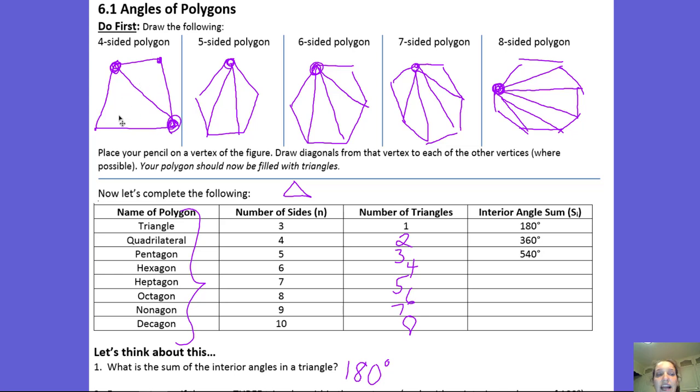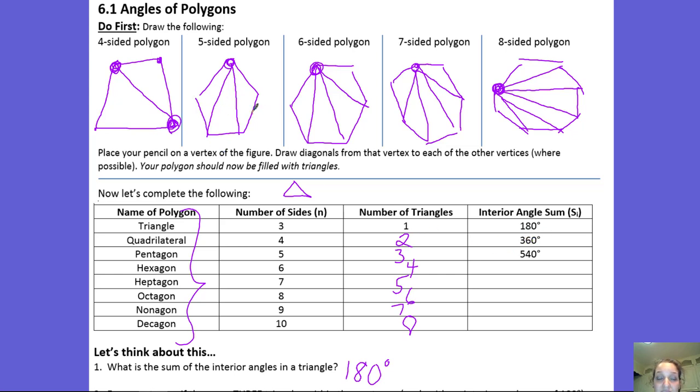If there's 180 degrees in each triangle for its interior angles, I'm just adding all of those angles together. So it's just 180 plus 180, which is 360. So the sum of the interior angles in every four-sided polygon, every quadrilateral, is 360. It's 2 triangles times 180 degrees gives you 360.